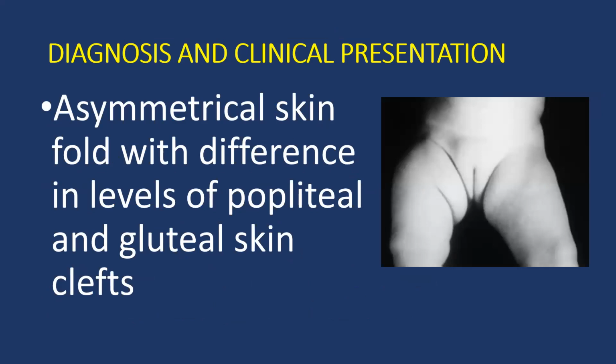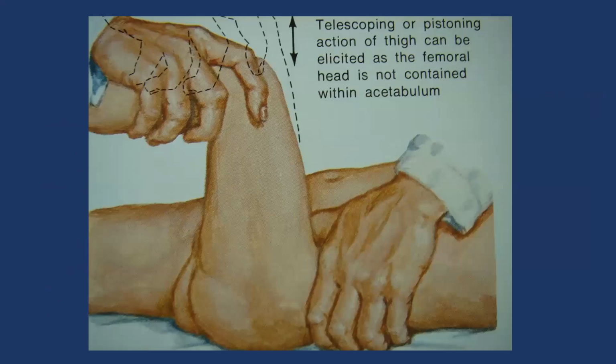This child has an asymmetrical skin fold with difference in levels of the popliteal and gluteal skin clefts. This is what test? This is called the telescoping test, where you hold and press down on the hip.